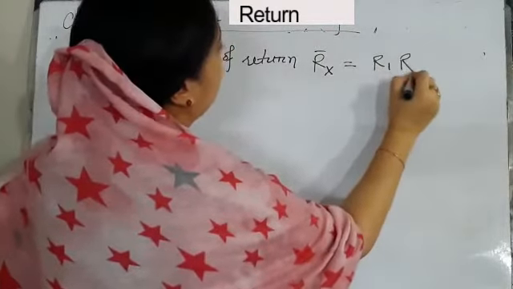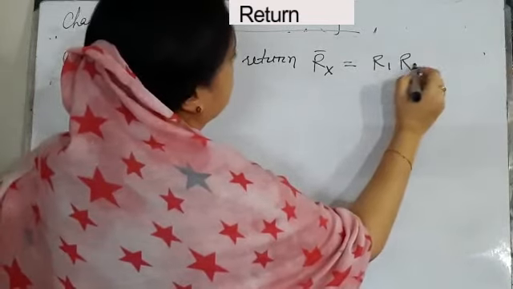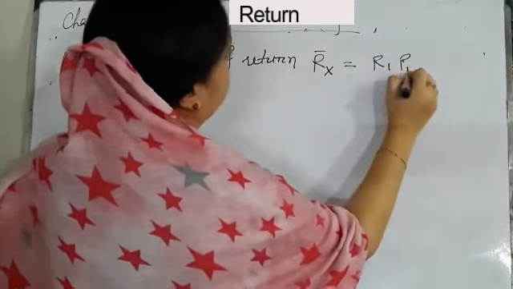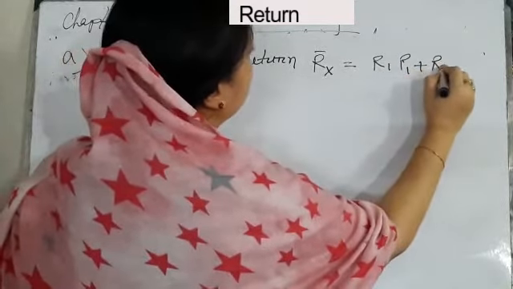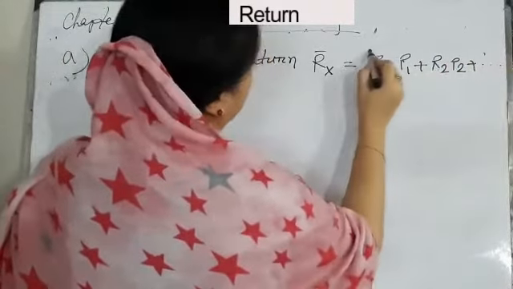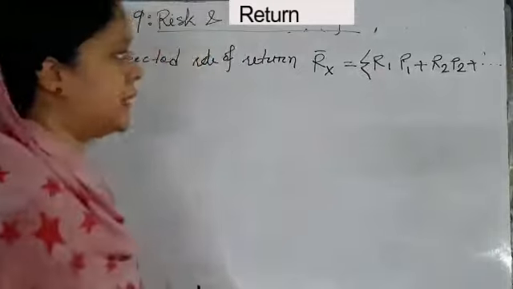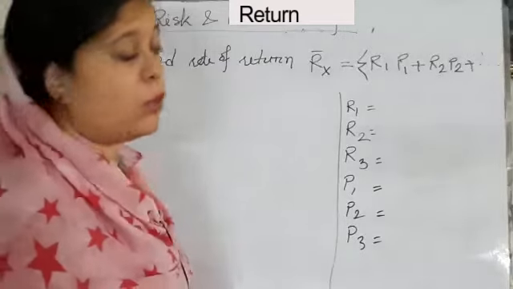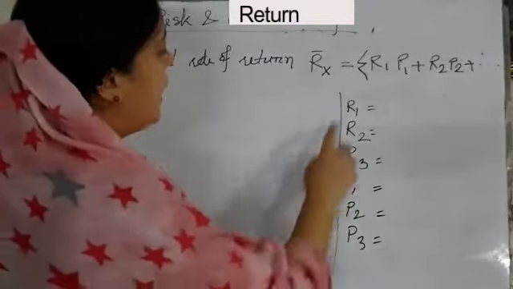R1 P1 plus R2 P2 plus, the summation sign you can use here. Now I am putting all the values here.